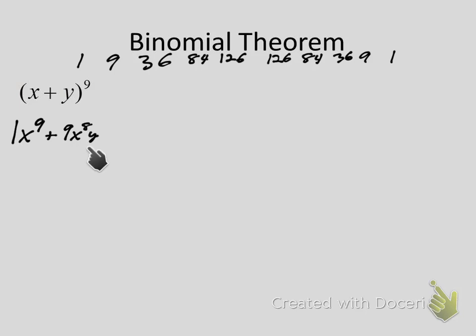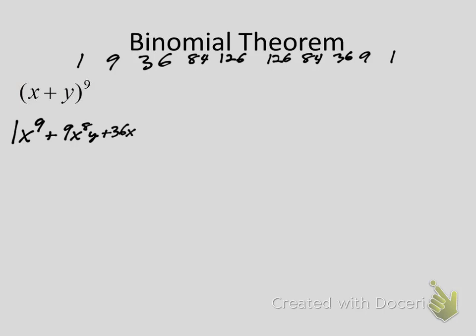Don't forget that first y. If you forget this first y, there's no promises you'll remember on the next term, and then the term after that, and it could cause you chaos. Since it's all plus, there's no alternating. Correct. It's all plus.